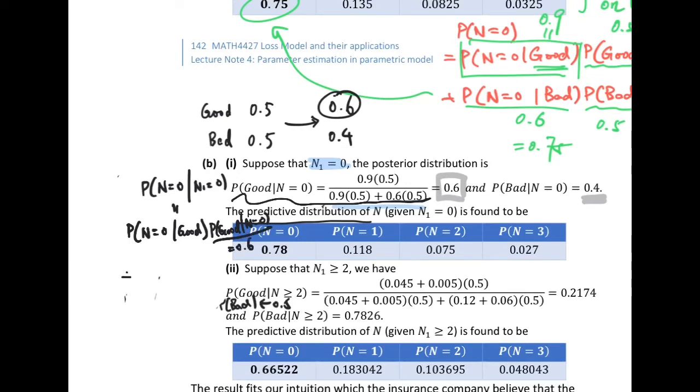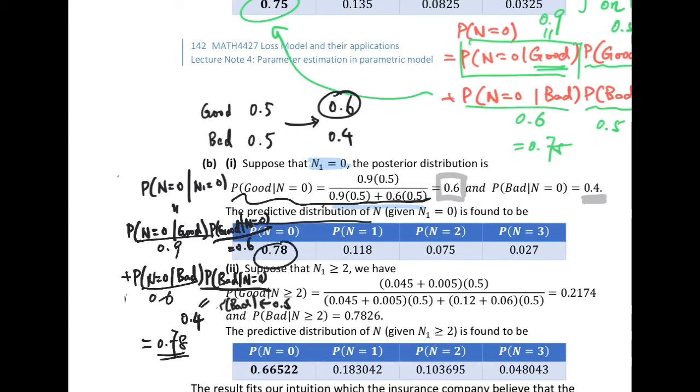And then plus the probability given this bad driver, n equal to 0, times the probability of bad driver, equal to 0.4. For these two probabilities, one is 0.9, one is 0.6, nothing changes. So if you compute this, you will find that this will be 0.78, which is the number that I show here.